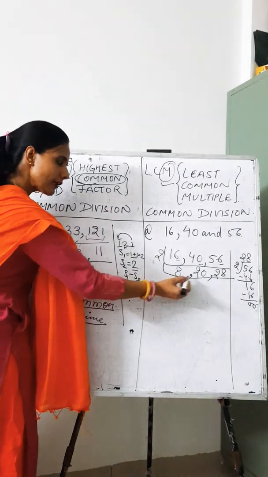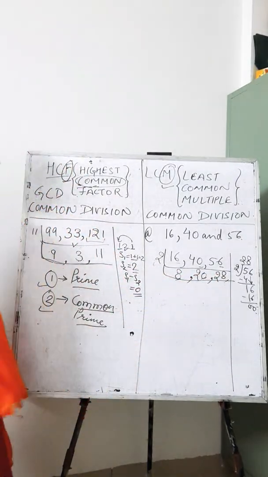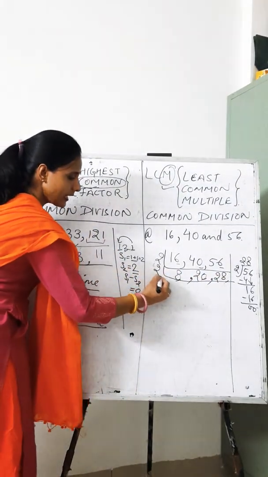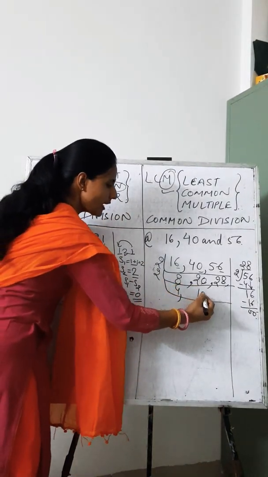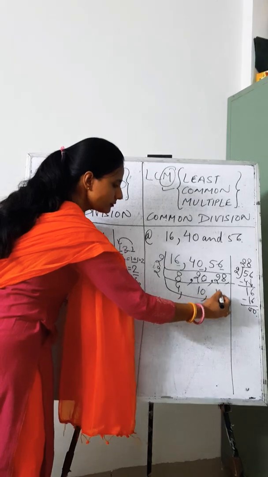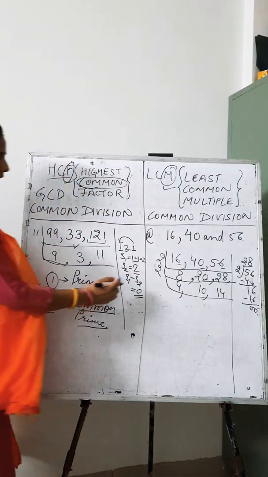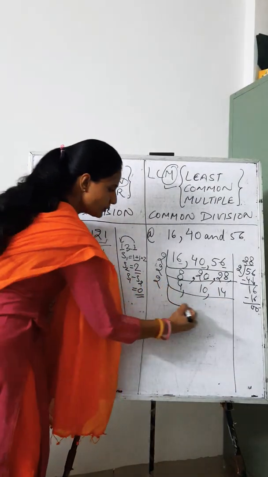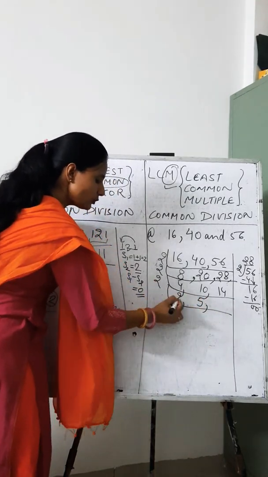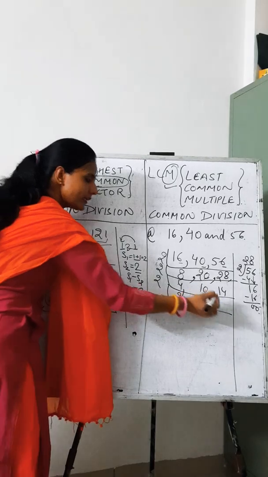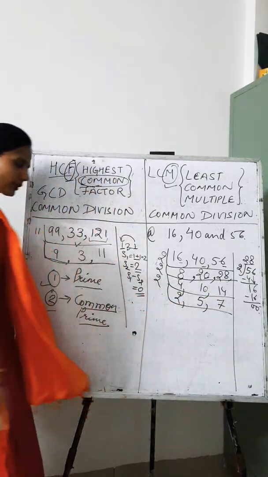Now again, as I can see that all are even numbers at the ones place, again it will go with 2. 2 4s are 8, 2 10s are 20 and 2 14s are 28. Now again it will go with 2. 2 2s are 4, 2 5s are 10, 2 7s are 14.